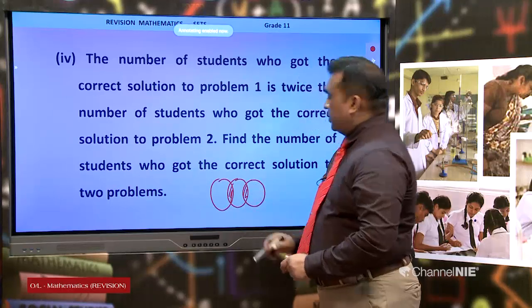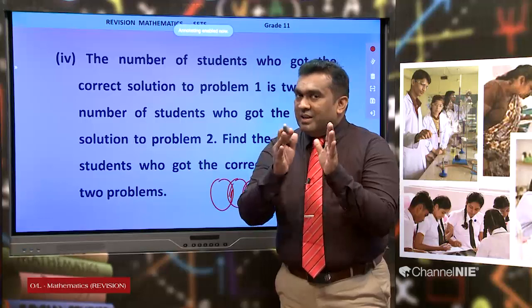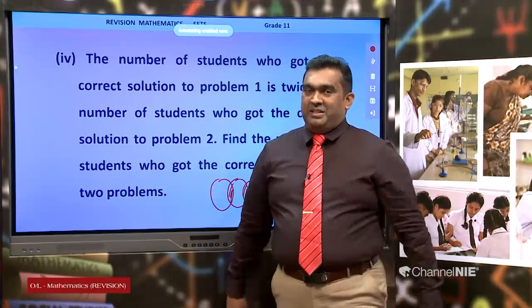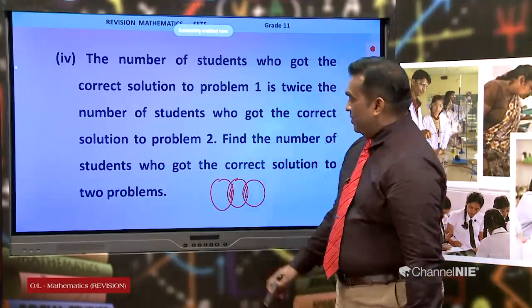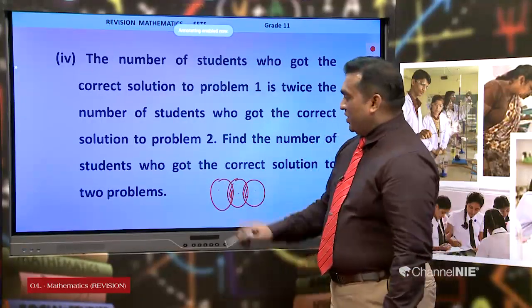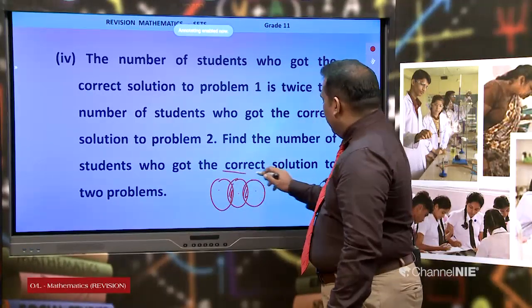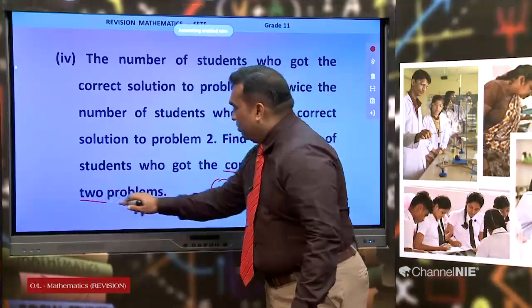Here 2 problems. Understood it? That is a difficult point. 2 problems, not this one, not this one, not this one. This region means 1 problem, 1 problem. 2. Correct solution to 2 problems.